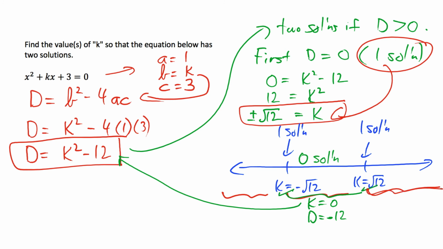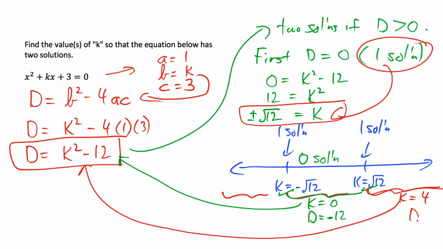Let's try a k value greater than root 12 being 3.46 approximately. So let's try k equals 4, and let's plug 4 into our discriminant. We get 4 squared, 16 minus 12. We would get a discriminant of 4. And a positive discriminant, remember, means we have 2 solutions.